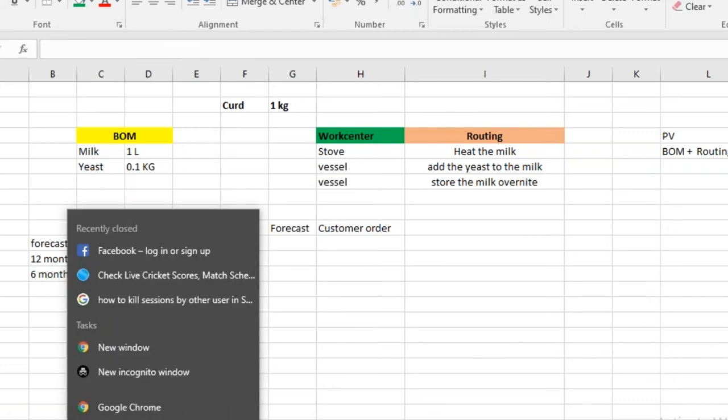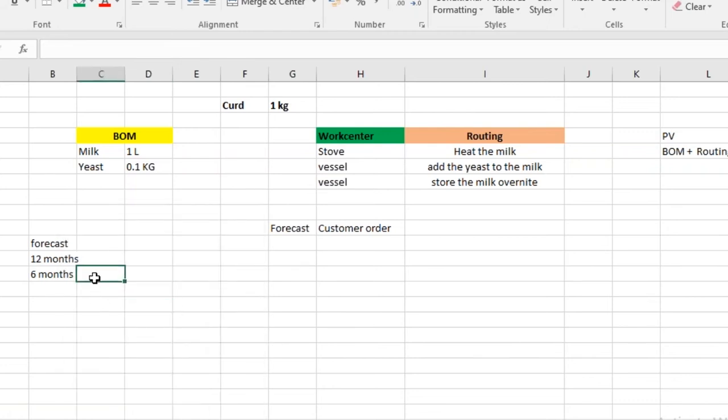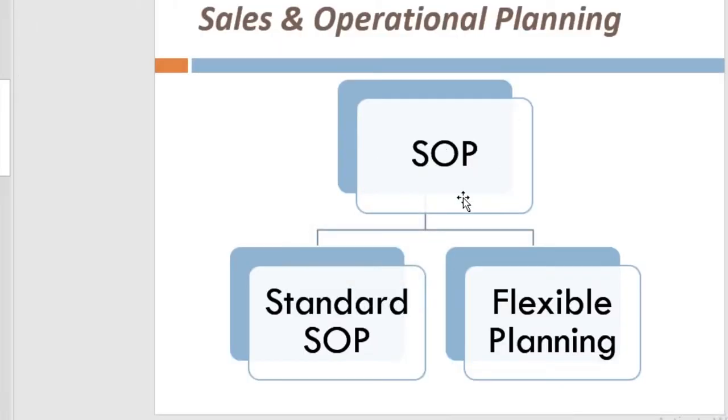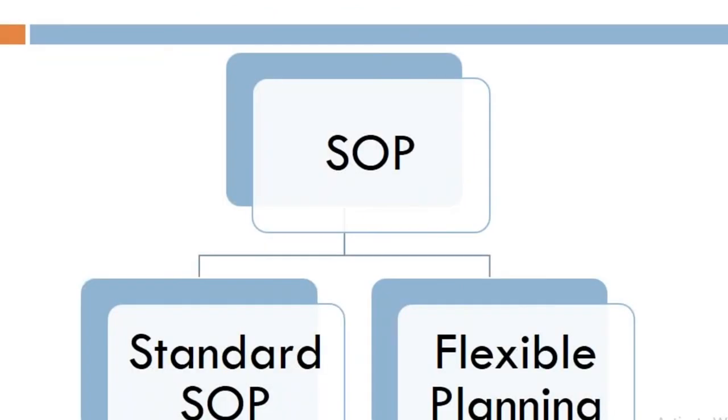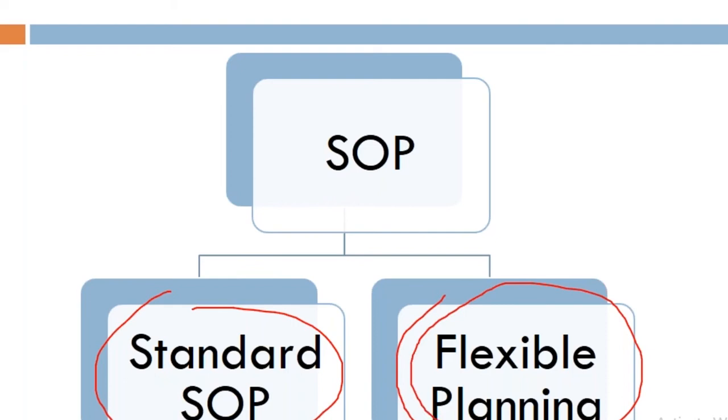Using this previous sales data, you will calculate your future forecast, let's say for the next 12 months or the next 6 months. That is done in what you call sales and operations plan.